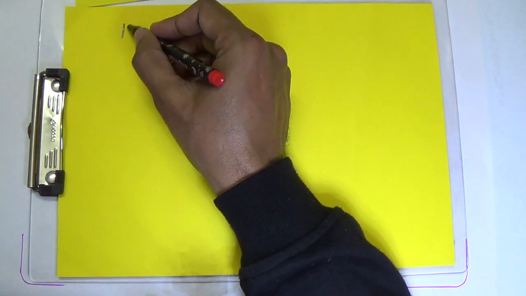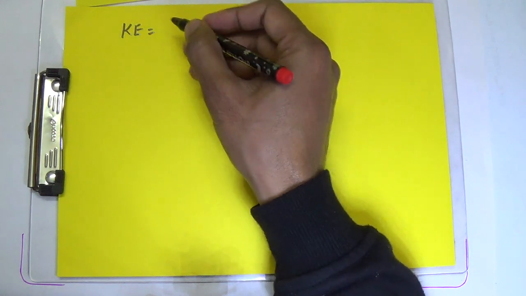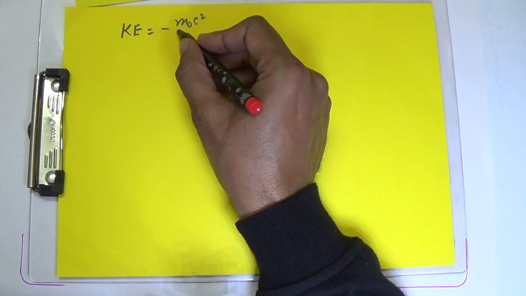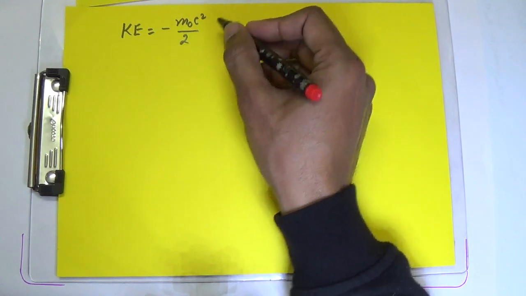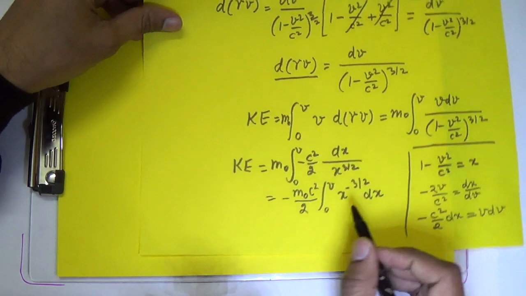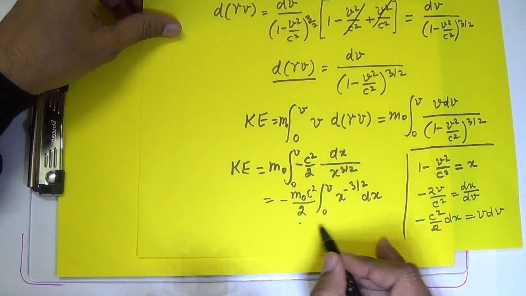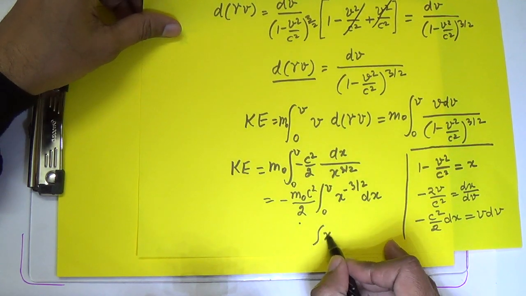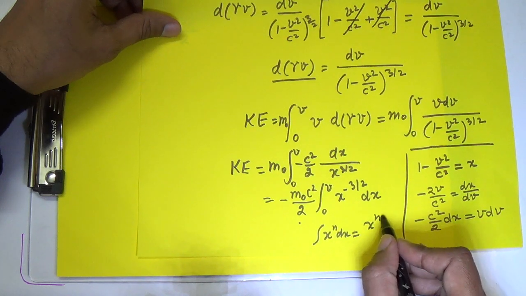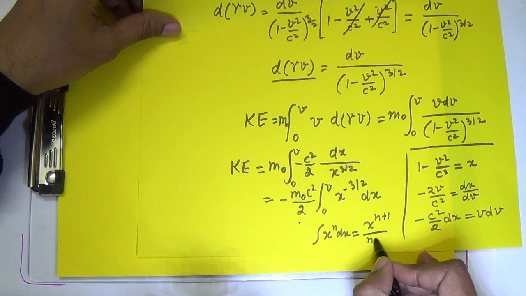Now the integration of it, the result, kinetic energy is equal to minus m naught c square upon 2, and integration of x to the power minus 3 by 2. The integration of x to the n dx is equal to x to the n plus 1 upon n plus 1.